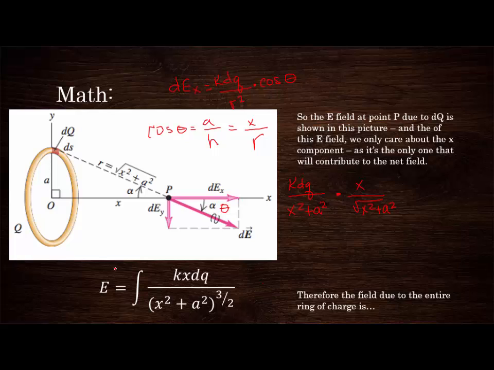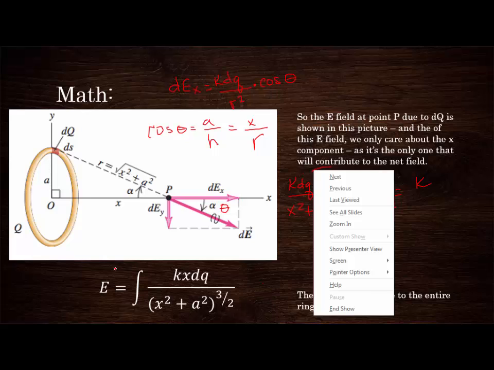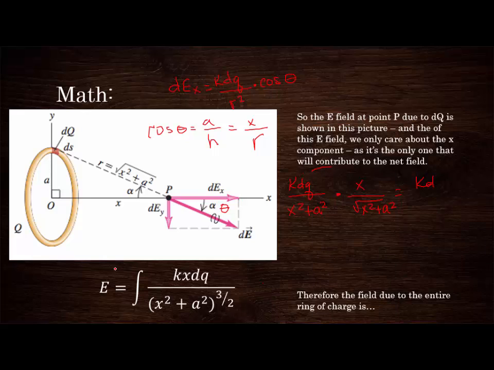Now, when we put those two things together, we get k dq. My pen died, I think.